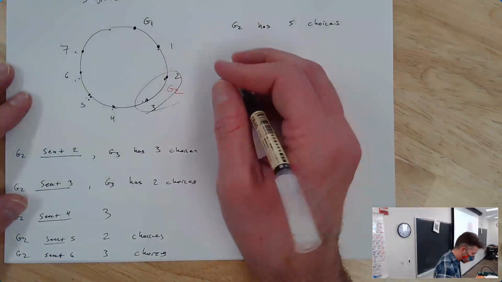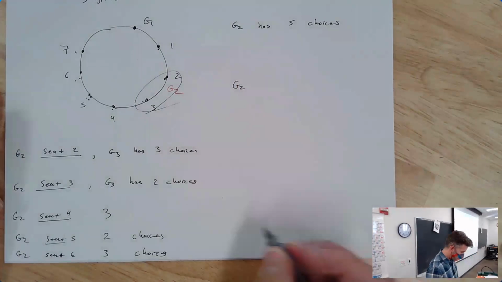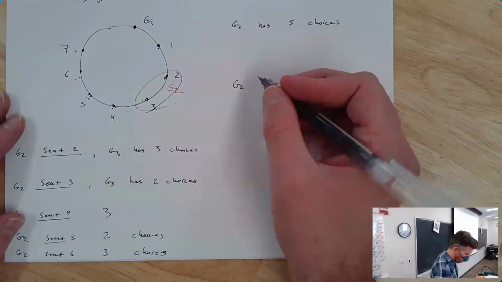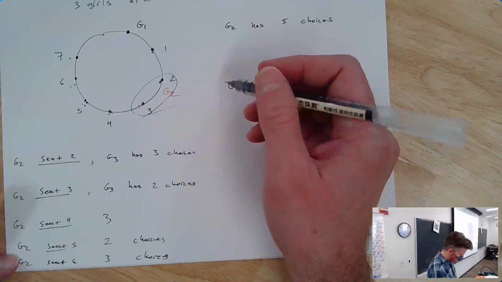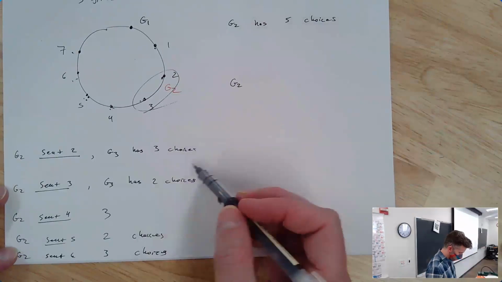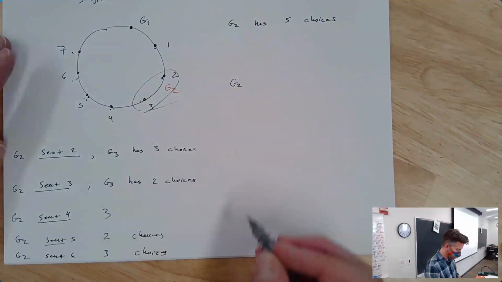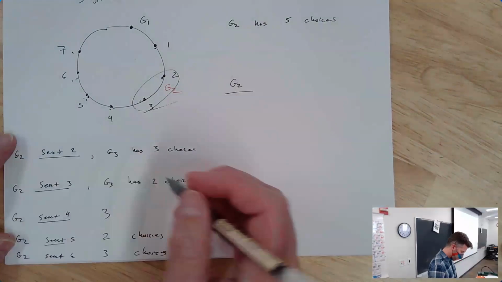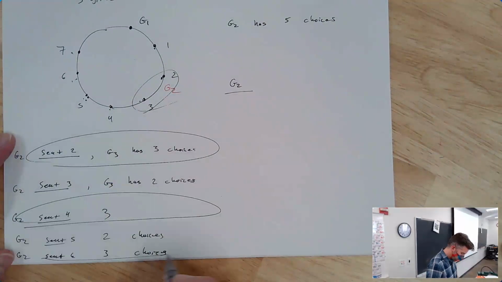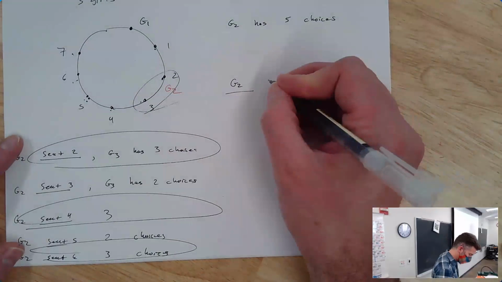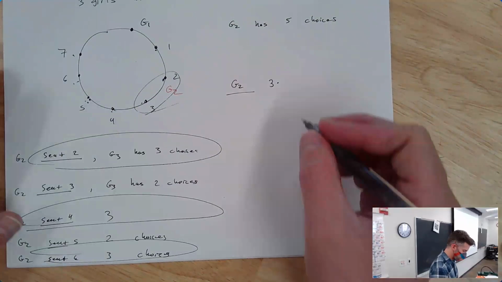So girl 1 sits down. Girl 2 has, we have to add these together. So in 3 of her choices, girl 3 also has 3 choices.